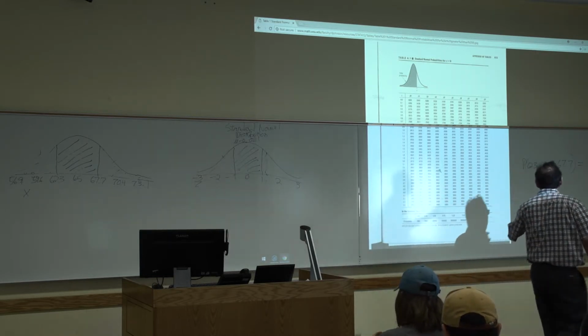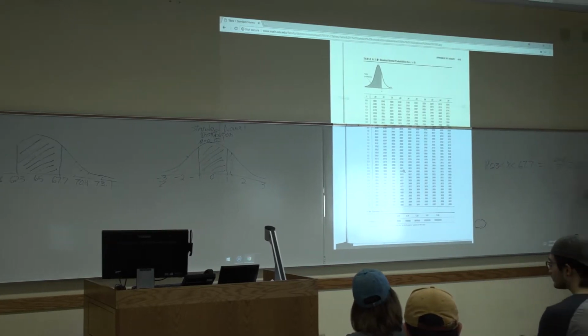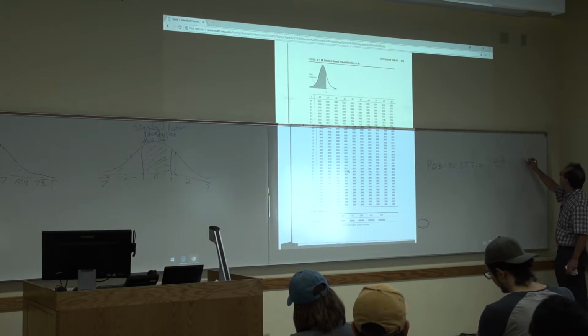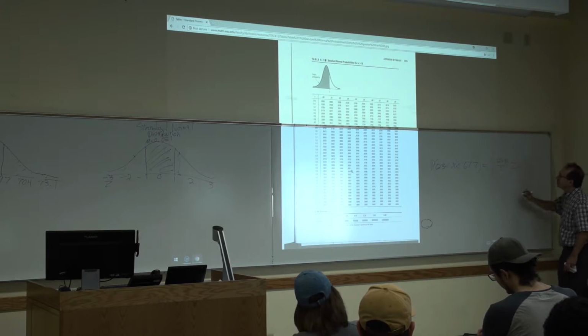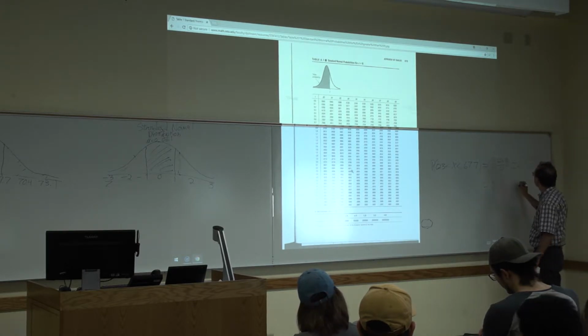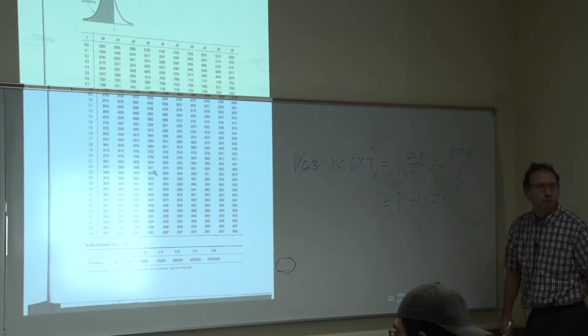But what's a way that we can convert from your x value to a z-score? What we can do is take the x value, 62.3, minus the mean for your distribution, which is 65, divided by your standard deviation, which is 2.7 in this case. And you can do the same with the other, 67.7 minus 65 divided by 2.7. And that'll convert to your z, so your z is between negative 1 and 1.